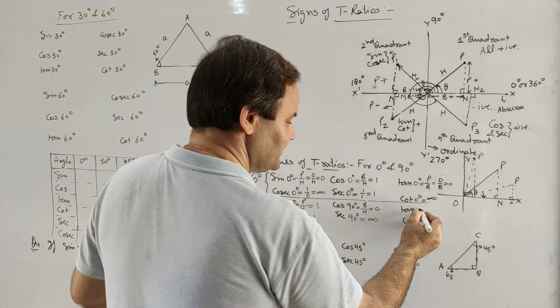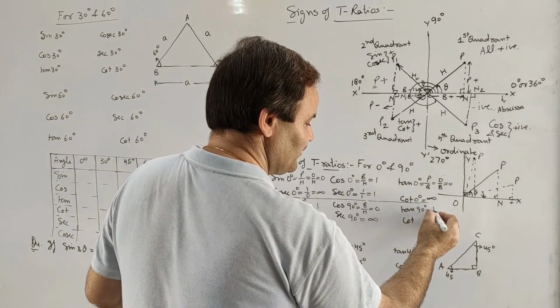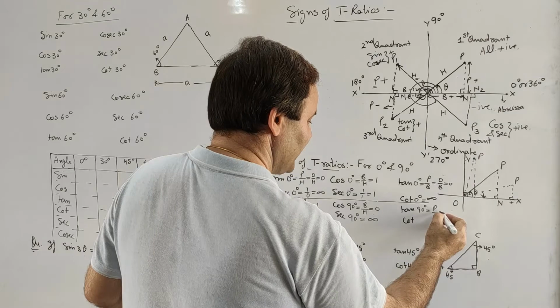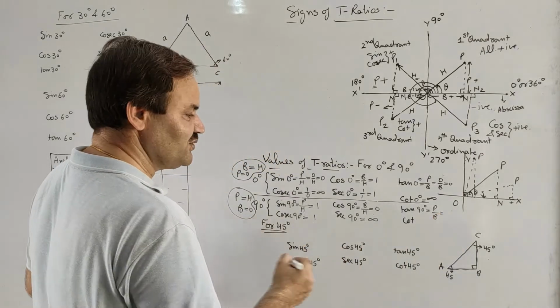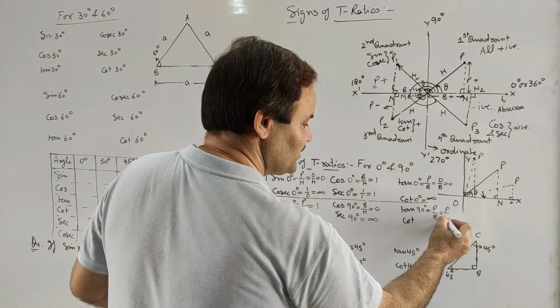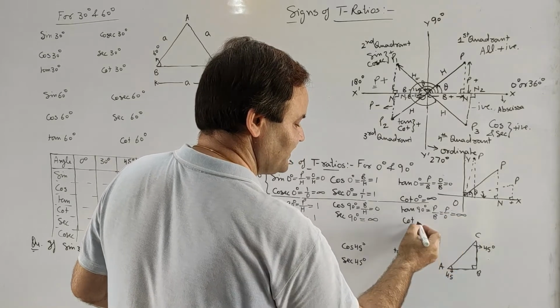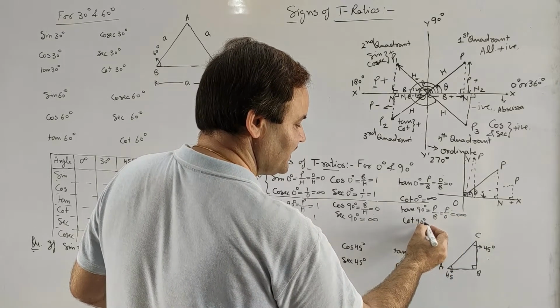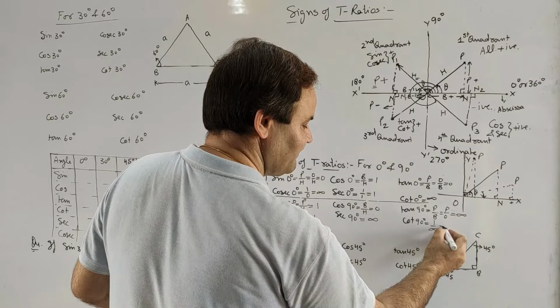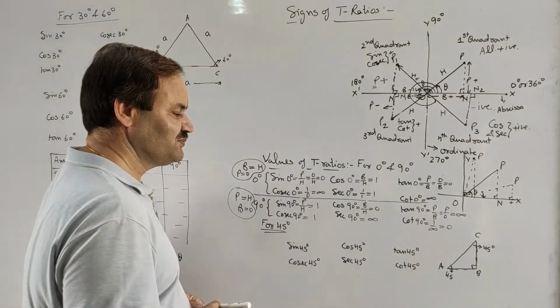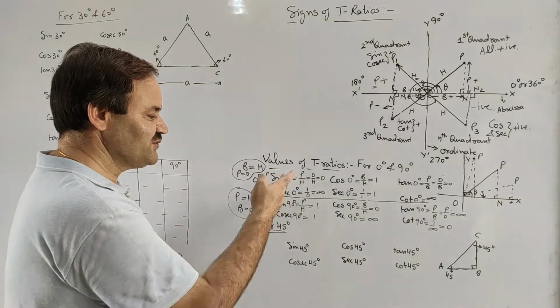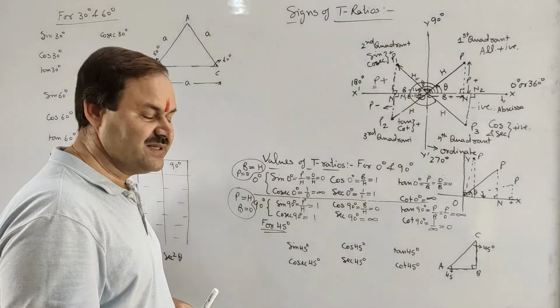Tan 90 degree will be perpendicular upon base, and base is 0, so perpendicular upon 0 means infinite, and cot 90 degree is 1 upon infinite, and 1 upon infinite is always 0. So these are the values of T ratios for 0 degree and 90 degree.